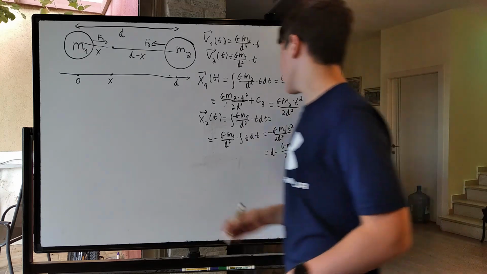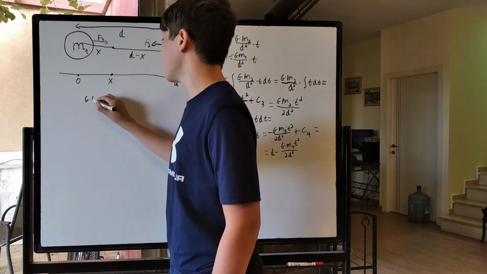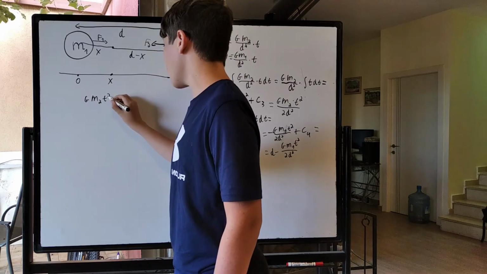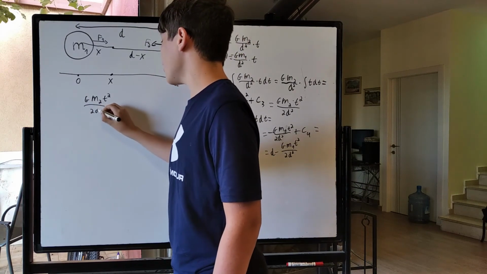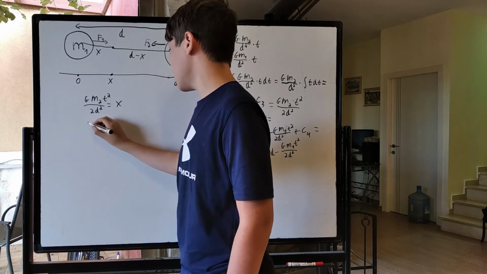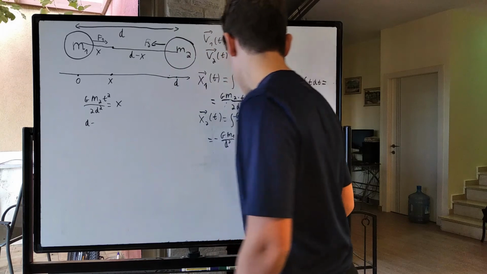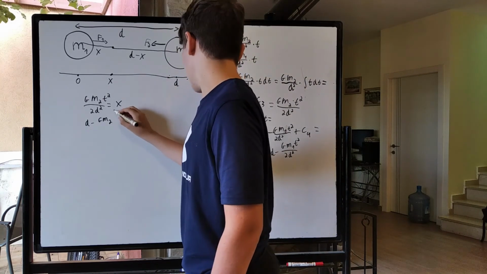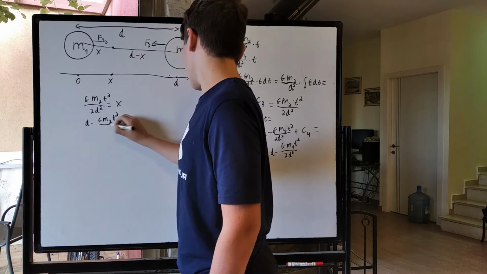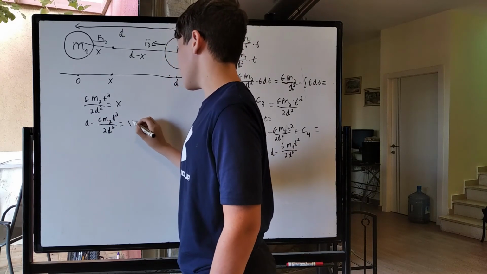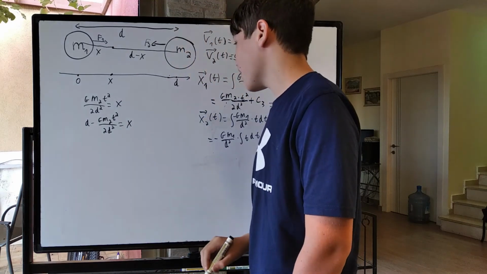So now we have gm2 t squared over 2d squared is equal to x, and d minus gm1 t squared over 2d squared is equal to x also.